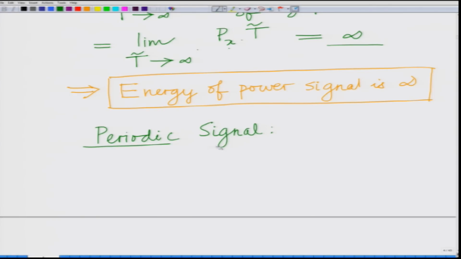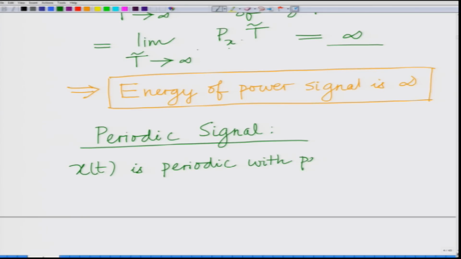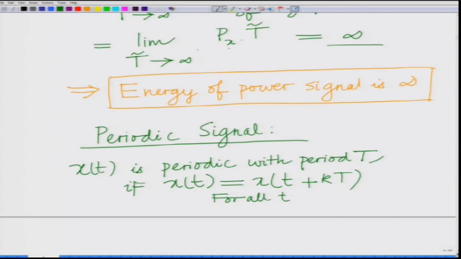Let us consider a periodic signal. We know that x(t) is periodic with period T if x(t) equals x(t plus kT) for all t and for all integers k.